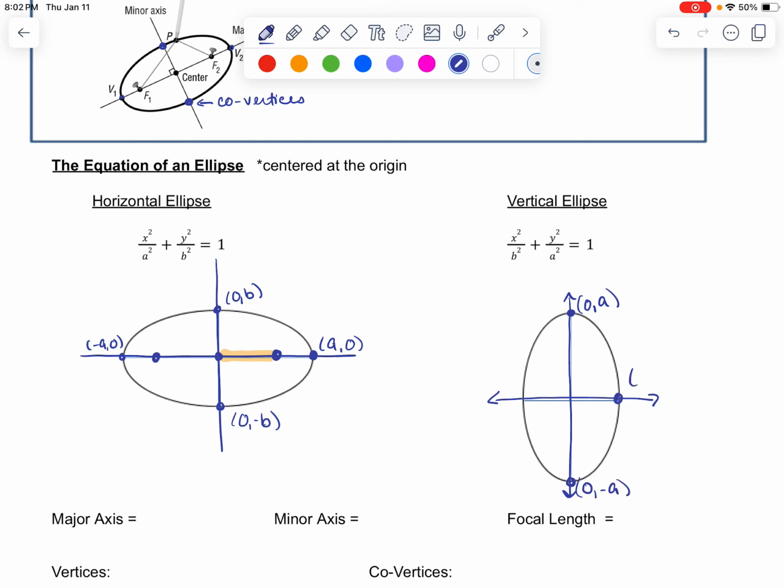And then our co-vertices are (b, 0) and (negative b, 0). And this time, the foci land on the major axis. So instead of going left and right, my foci travel up and down. Over here, left and right because it's horizontal. On the other one, up and down because it's vertical.